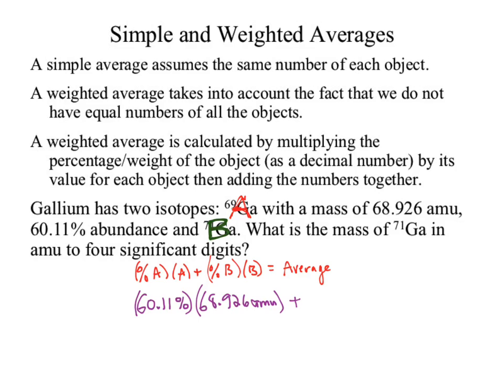So if all of our gallium is down to 2 things, and I know one of them is 60%, what does the other one have to be? The remaining. What is my total percentage? 100. So I can take 100 minus the 60.11, and I would get the percent of B. 39.89. Okay, so cool. I could now put that value in here.